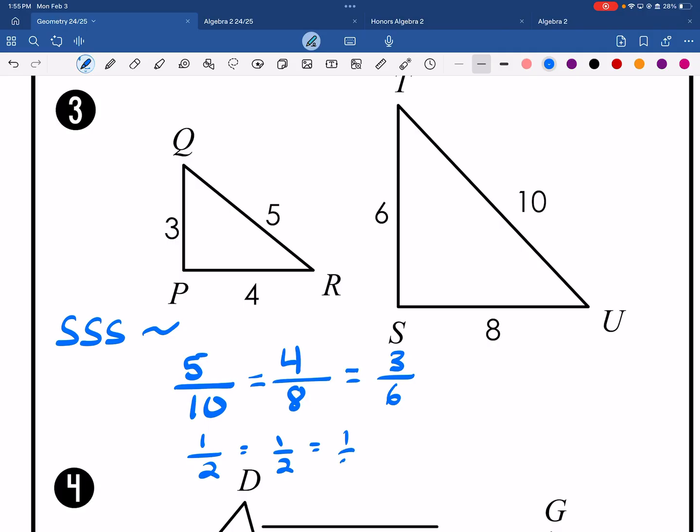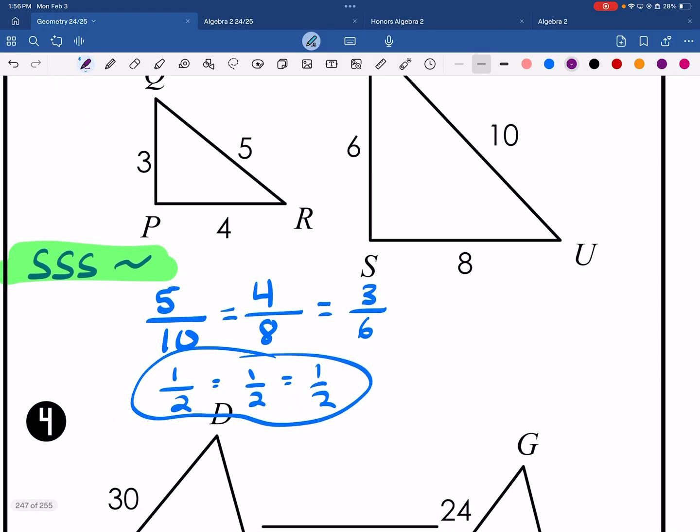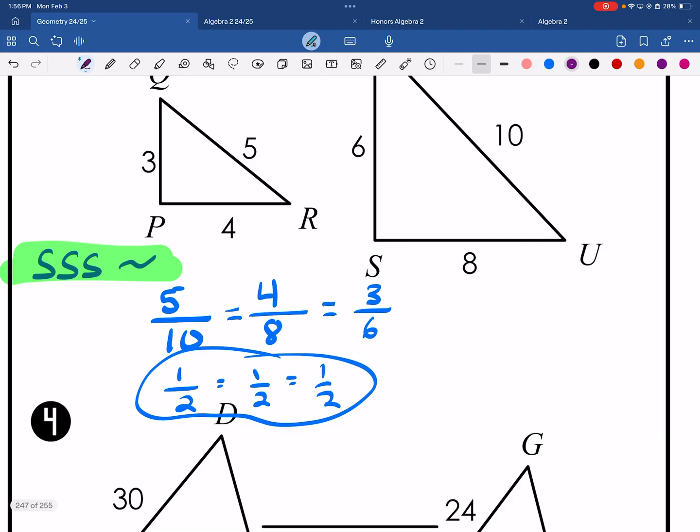And I reduce that. If all 3 of these are the same, then side similarity works. If one of them is different, you're done. It doesn't work by side similarity. All 3 of them have to be the same. Now that is done, and this almost becomes the harder part with side similarity, it's writing the statement.